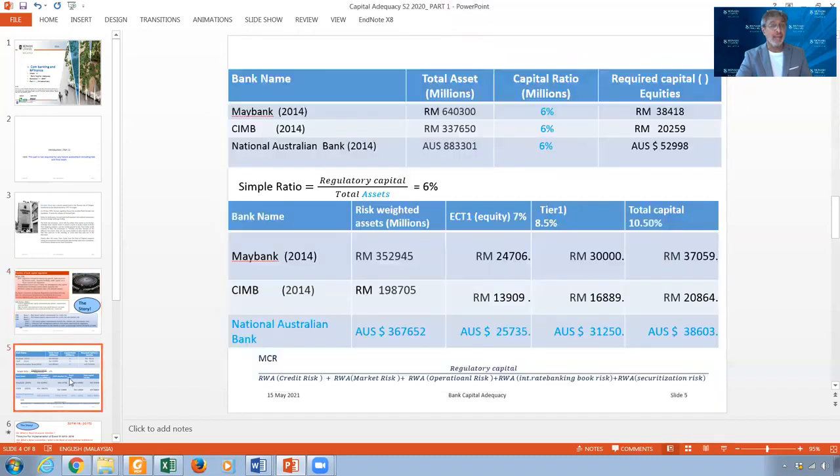Now, I take a real example. Actually, I take the data of Maybank, CIMB, and National Australian Bank. And I take the total asset in 2014, and I applied the 6%. This 6%, as I told you, was applied before 1989.